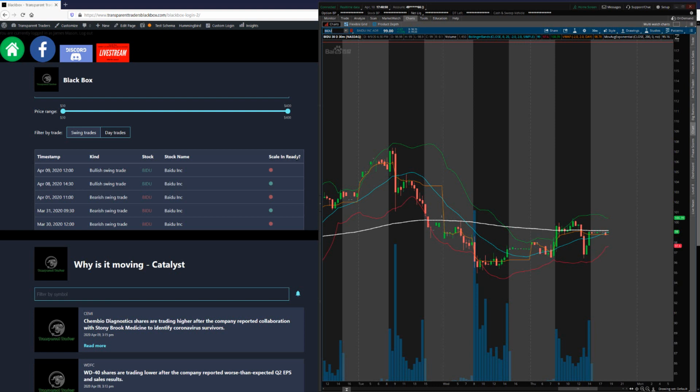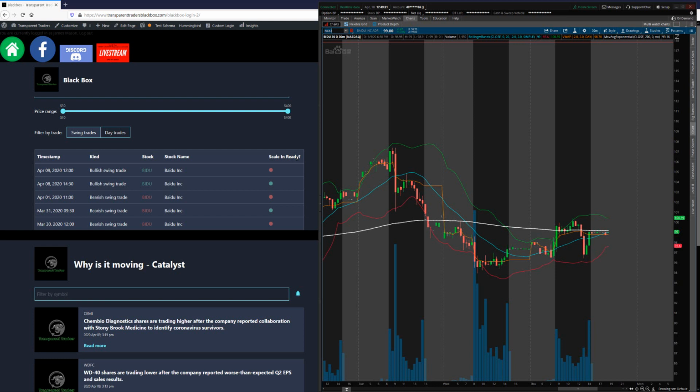Now, another recommendation that I have for swing trades, you can swing these with shares or options. That's just your preference. Me personally, I like to swing trade with options. It requires less capital. So, when I swing trade options, I like to get contracts that still have 4 weeks expiration left.